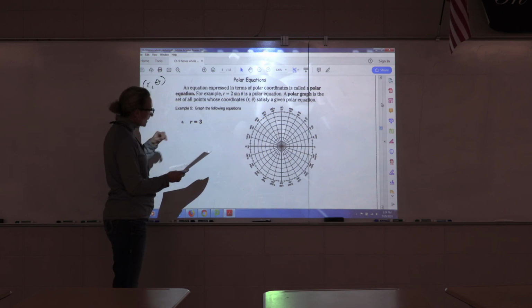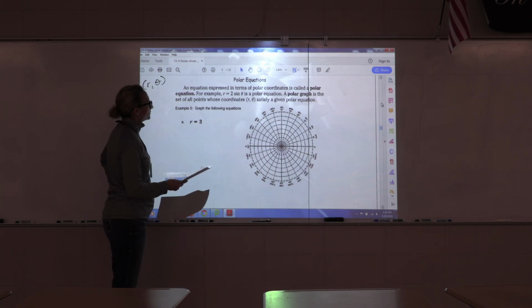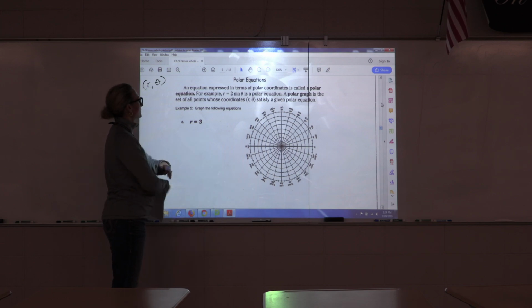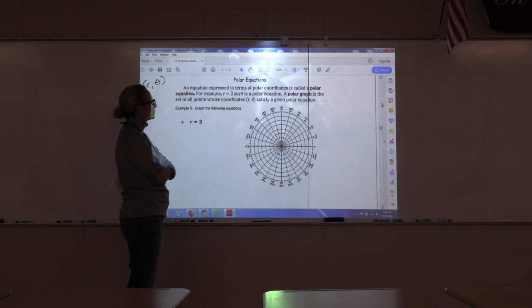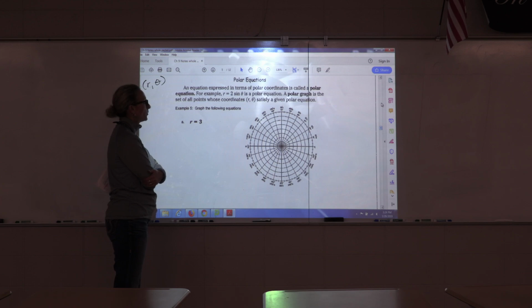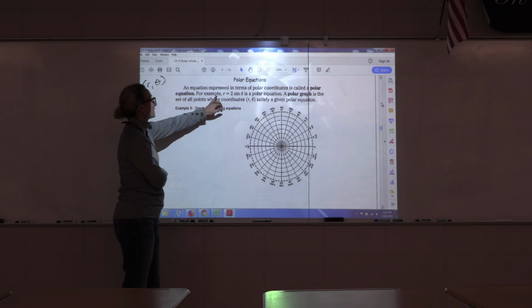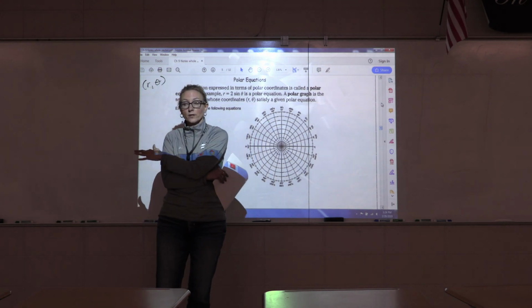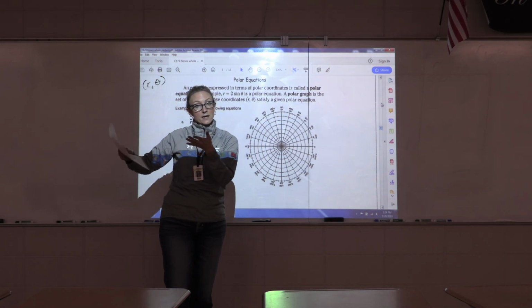An equation expressed in terms of polar coordinates is called a polar equation. So you have a coordinate equation. These are polar equations. For example, r equals 2 sine theta is a polar equation because it has r and theta in it. Just like when we graph on the coordinate grid, over here, it has an x and a y in it.